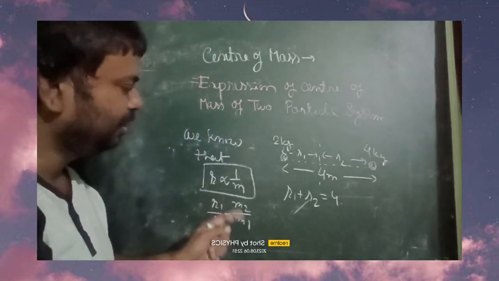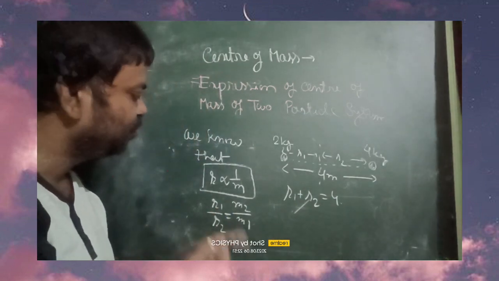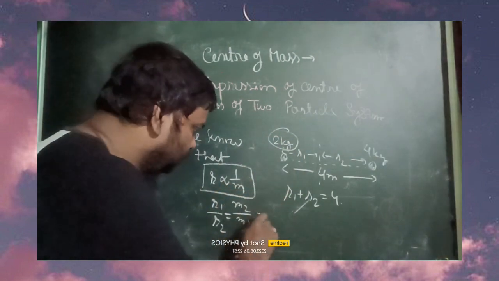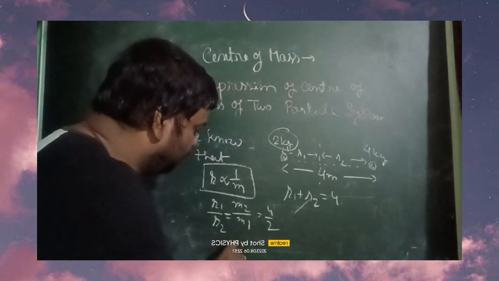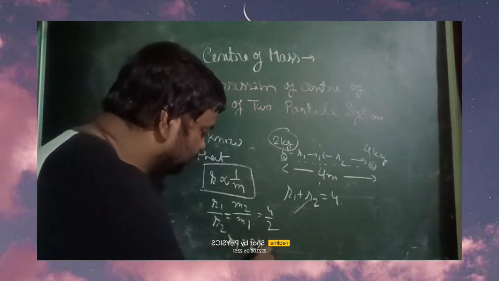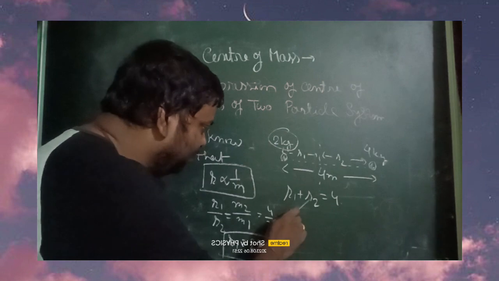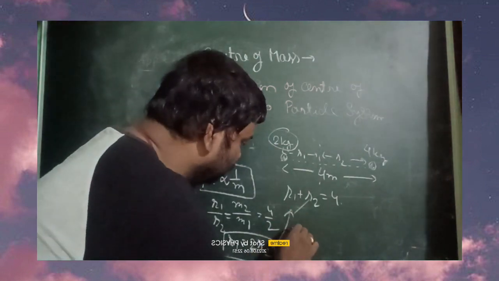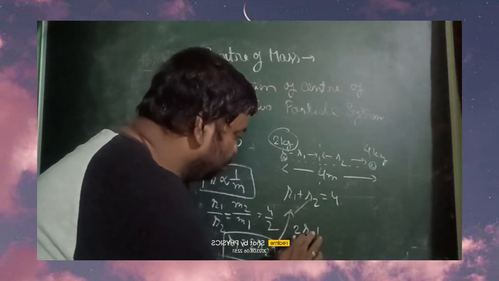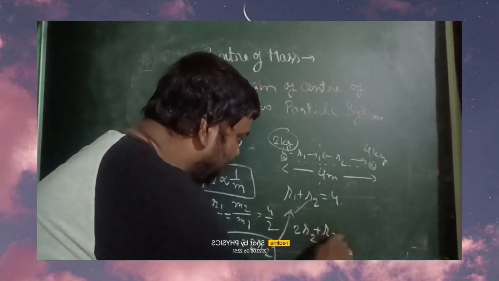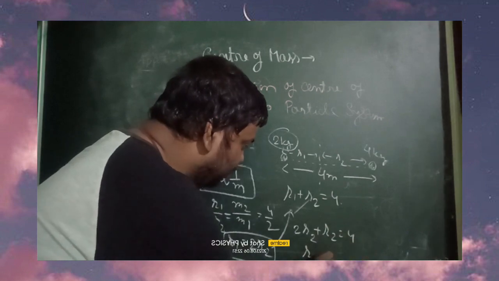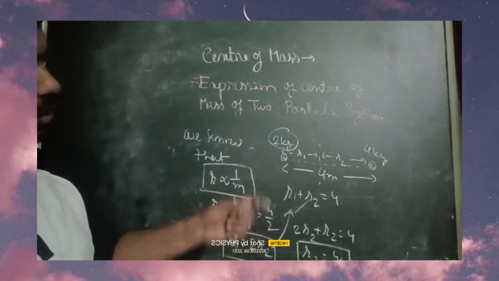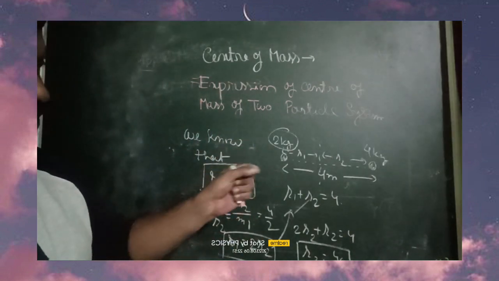Now putting in m1 is 2 and m2 is 4, so 4 by 2, r1 is equal to 2 r2. Putting it in that equation, 2 r2 plus r2 is equal to 4. So r2 equals 4 by 3 is the position of the center of mass from the 4 kg mass point.